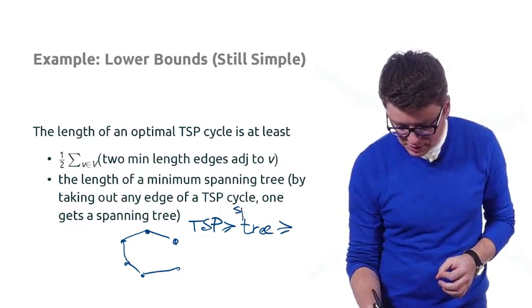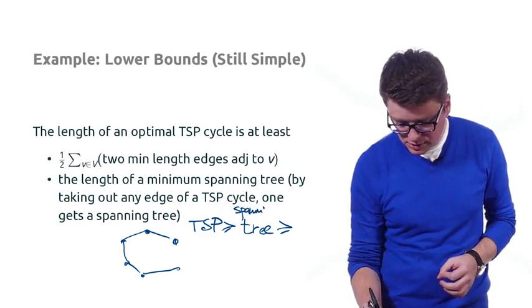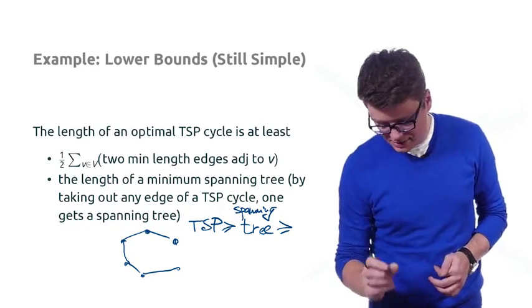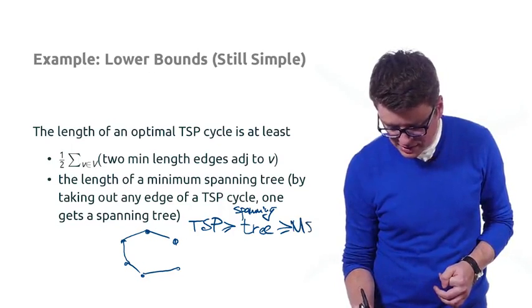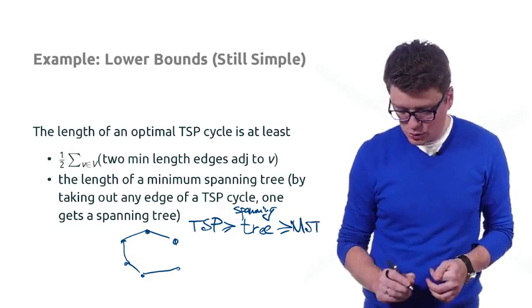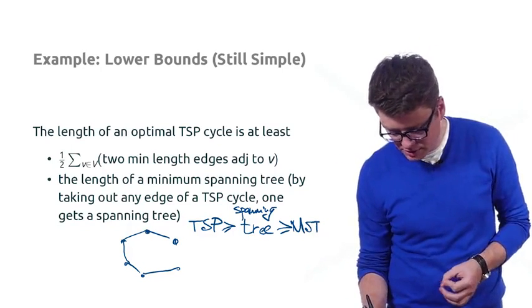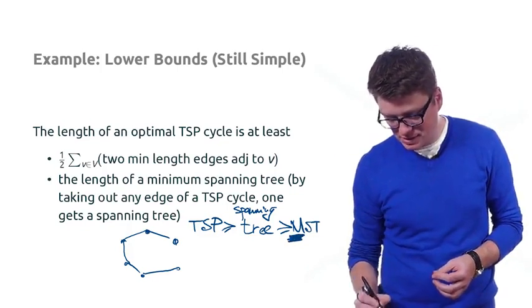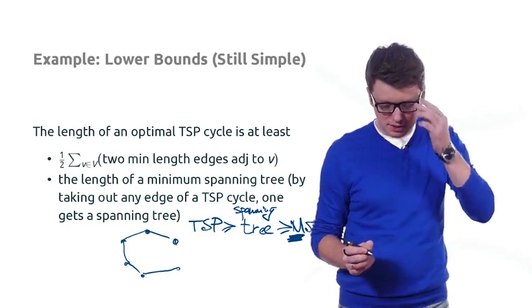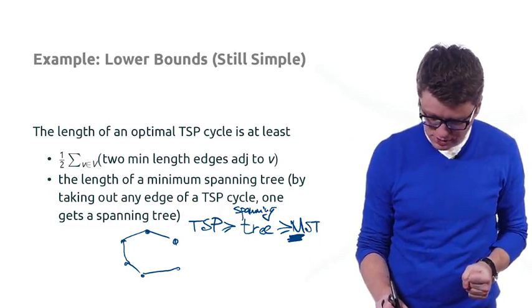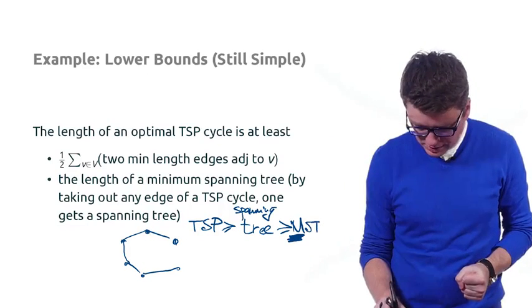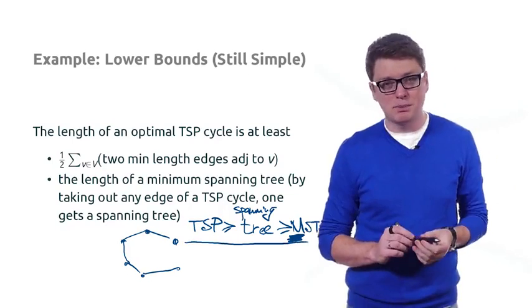Let me write it: spanning tree. And the weight of this spanning tree is definitely at least the weight of the minimum spanning tree, because the weight of the minimum spanning tree is the smallest one, right? And this finally proves that the weight of the optimal TSP cycle is at least the weight of the minimum spanning tree.